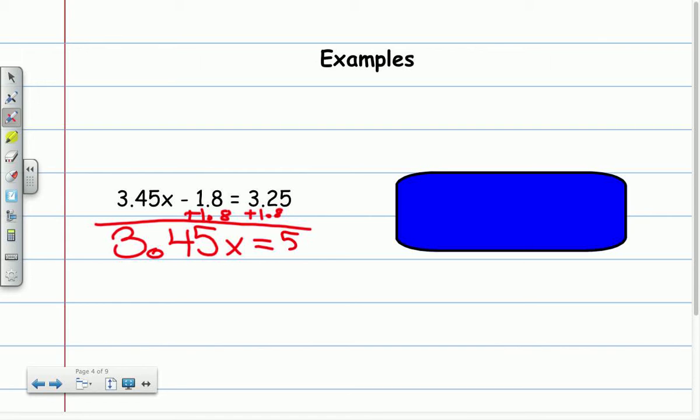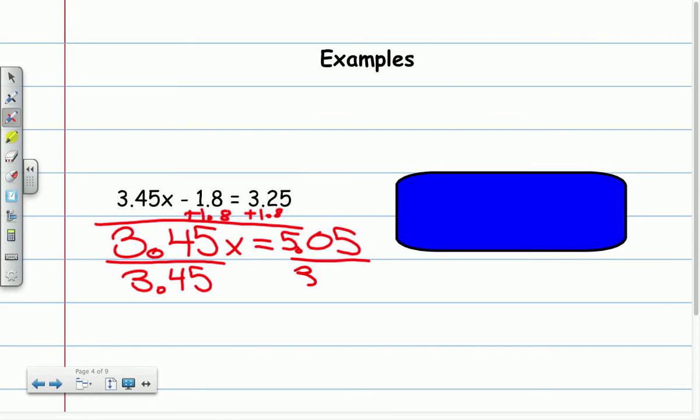I heard 5.5. Is that right? 5.05. Okay, 5.05. Now, class, how do I move that 3.45? Divide, right? So now I'm going to divide both sides by the 3.45.